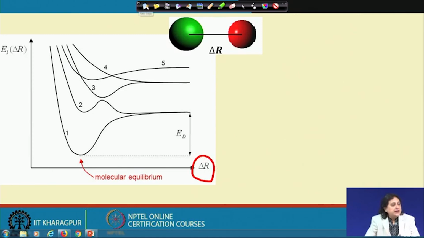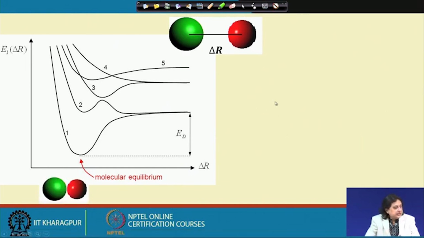Okay. If that happens, then how do I connect it to the picture that I have already shown to you? Let us say that in this case I have a chemical bond formed between the two atoms, and that is the most stable configuration in the ground electronic state corresponding to this minimum.